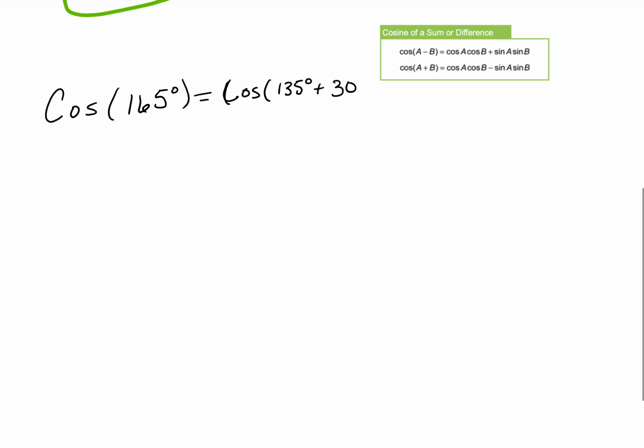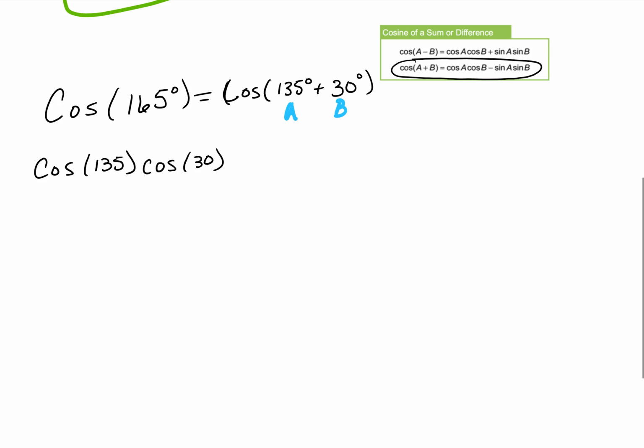and 30. All right, we're going to use the cosine sum identity, which is this one right here. And again, this is our A and this is our B. And let's see, we're going to say the cosine in this case of 135 times the cosine of 30 minus the sine of 135 and the sine of 30.